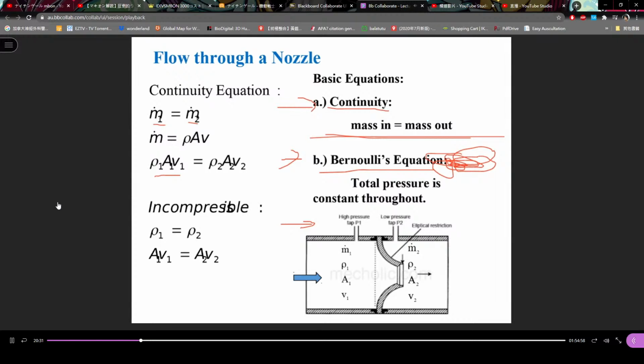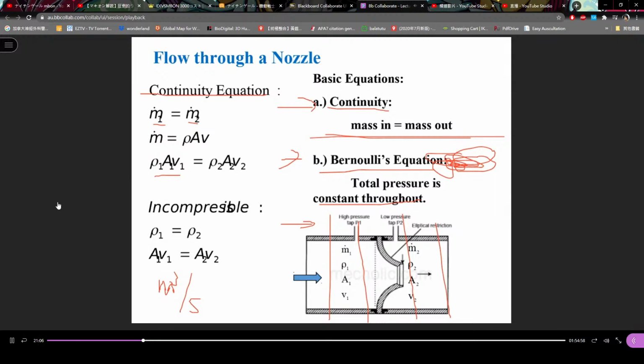Okay, and what is a continuity equation? For any two sections, we assume that the flow rate is the same. The flow rate means cubic meters per second, per hour or per minute, because we assume it's constant, steady flow.